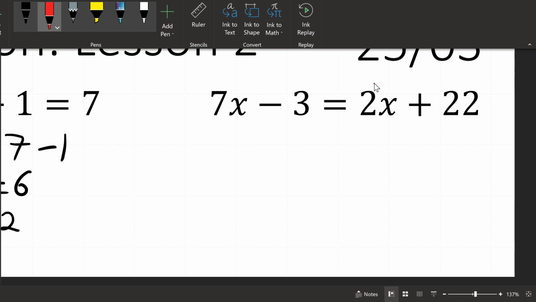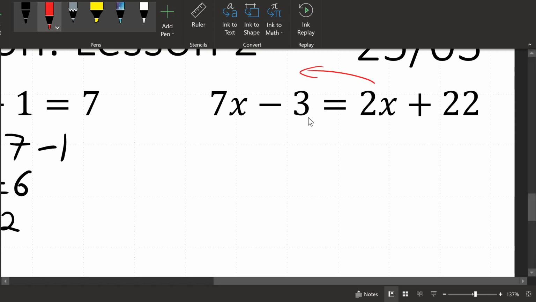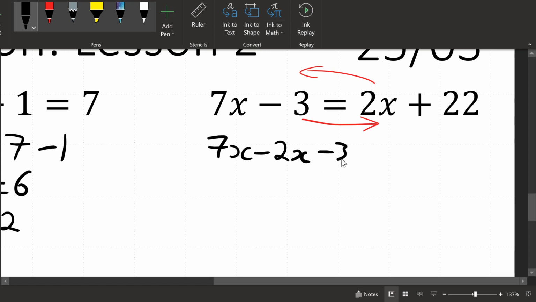So we want to get this 2x over to this side. We want to get this minus 3 over to this side, okay? So we subtract 2x from both sides, but 7x minus 2x, and it cancels it out on this side. Minus 3 equals 22, so 5x minus 3 equals 22.